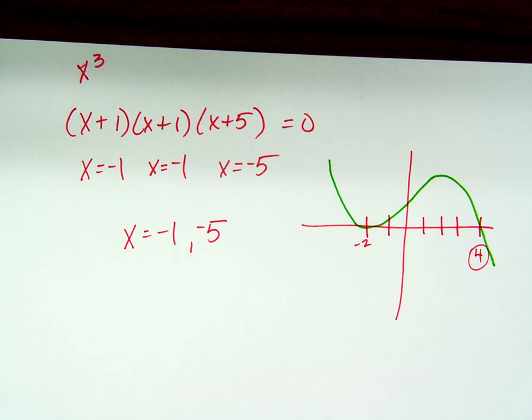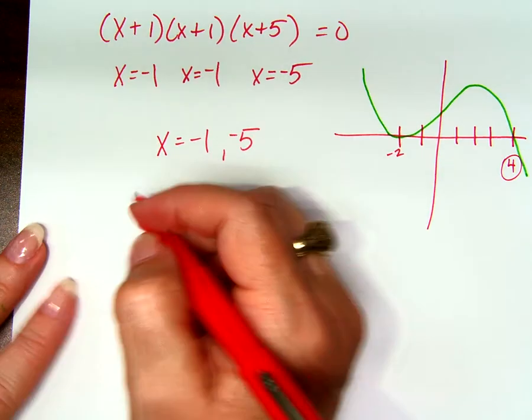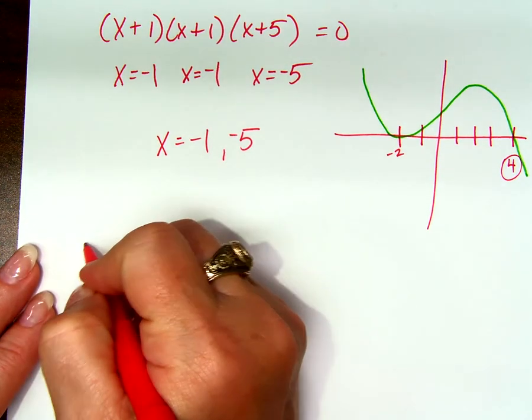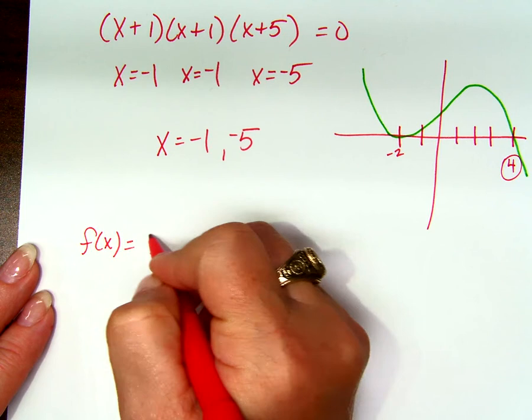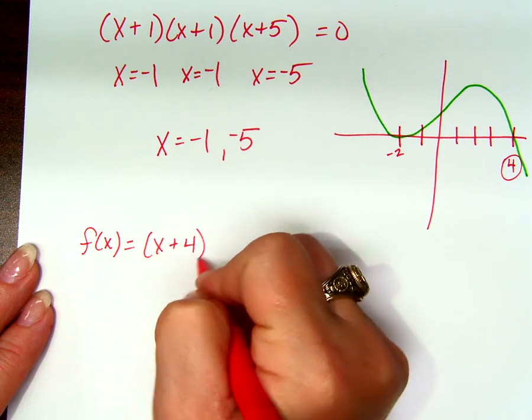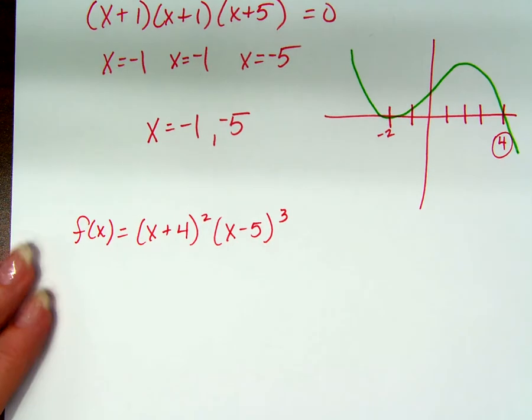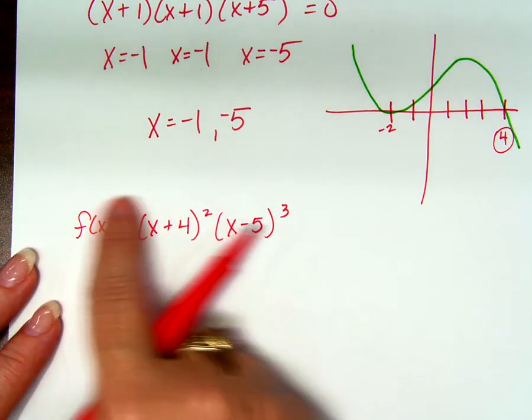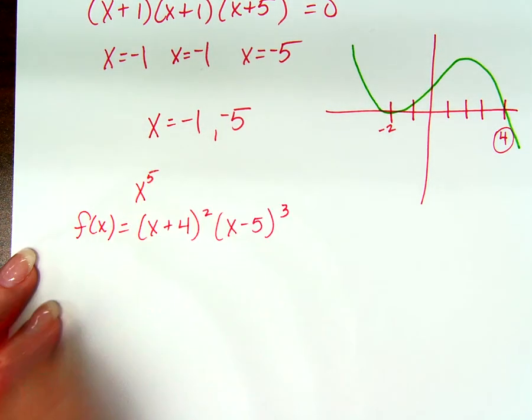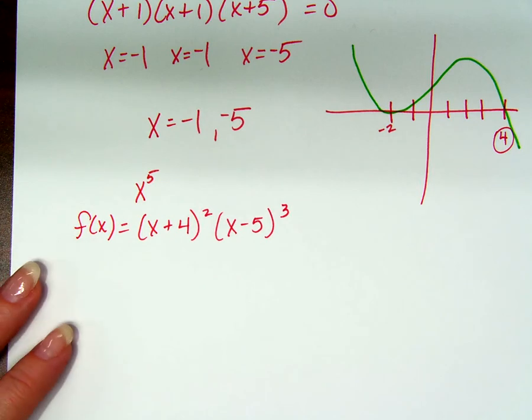Okay? Although sometimes you might be able to tell the multiplicities given the equation, because you might have a function that looks like this. Well, my beginning problem is going to start with x to the 5th, so I know I need 5 solutions.